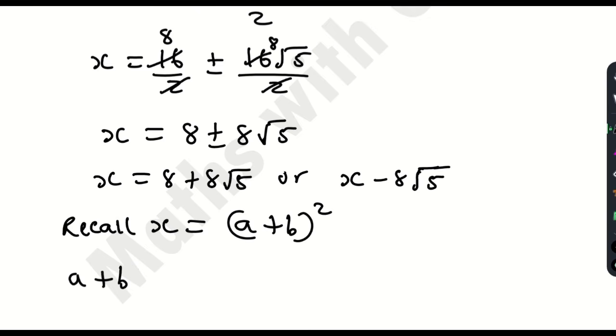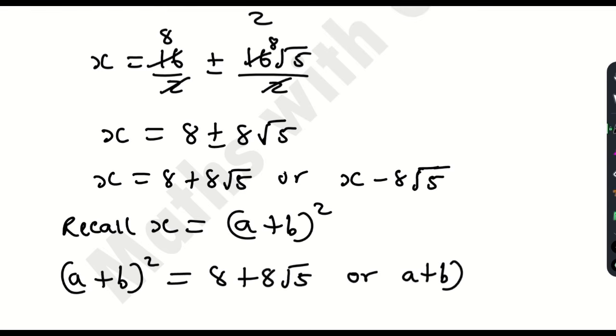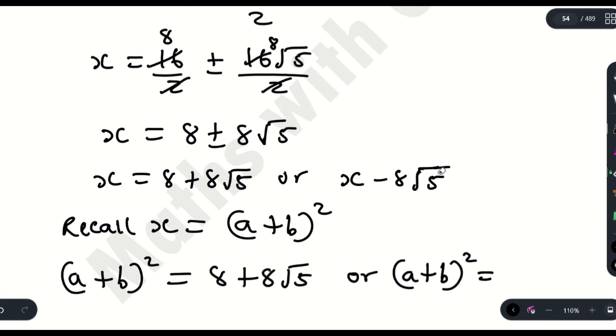A plus b all squared is equal to what now? Let's pick this first value of x, which is 8 plus 8 root 5, or again a plus b all squared is equal to 8 minus 8 root 5. Sorry, this is supposed to be 8, not x.